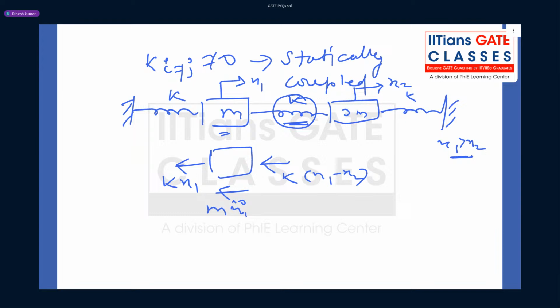There is no other force on this mass M. So the equation will be M x1 double dot plus k x1 plus k (x1 minus x2); taking x terms together, it is 2k x1 minus k x2 equal to 0.